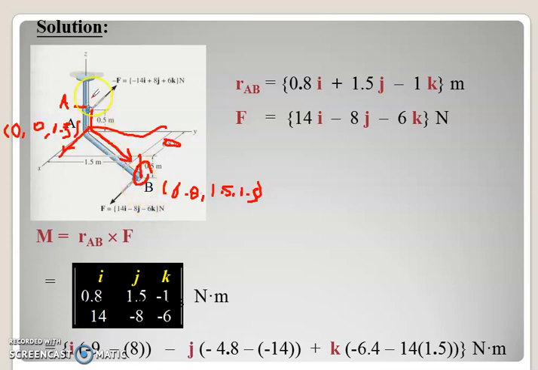Subtract tip minus tail, each component subtracting its respective component: I with I, J with J, K with K. So 0.8 minus 0 is 0.8, and 1.5 minus 0 is 1.5. Then 0.5 for point B minus 0.5 for A. I'm missing one thing.